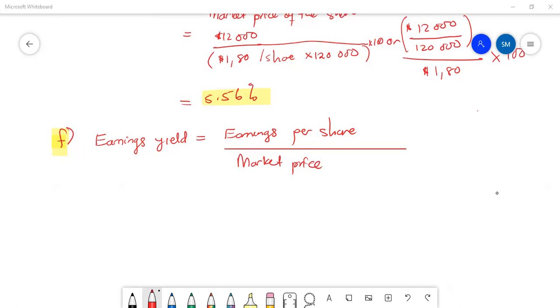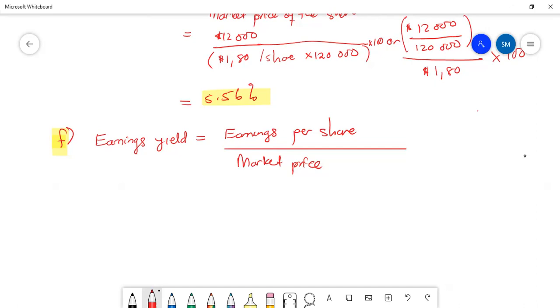Sir, is there a difference between the price earnings ratio and the earnings yield? Yes. Have you noticed the difference? Exactly. They're sort of inverted. This is an earnings yield.